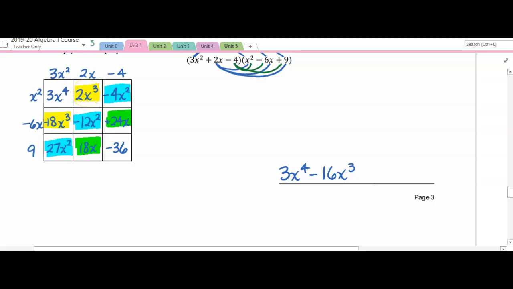Combining the blue terms, 27 take away 12 is 15, take away 4 is 11. Combining the green terms, I get 42. Oh, there goes my pen. And minus 36.